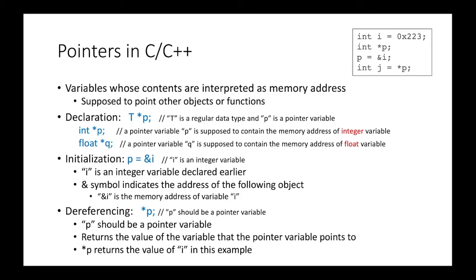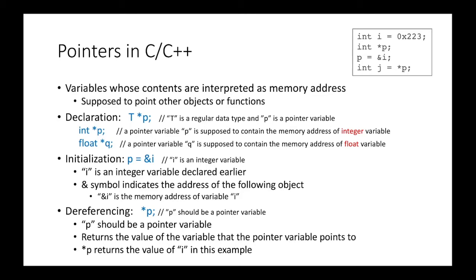For example, integer pointer variable p is declared as int star p, and float pointer variable q is declared as float star q.